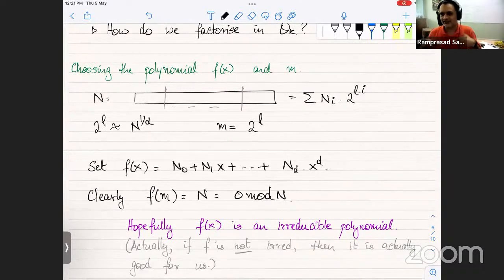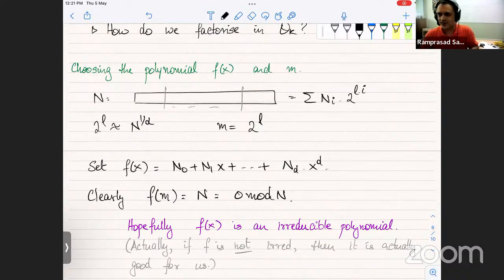Again, this is a heuristic. For now, let's just assume that nature works in your favor. Actually, if it is not irreducible, it turns out factoring is far easier. But for now, let's assume it's irreducible.